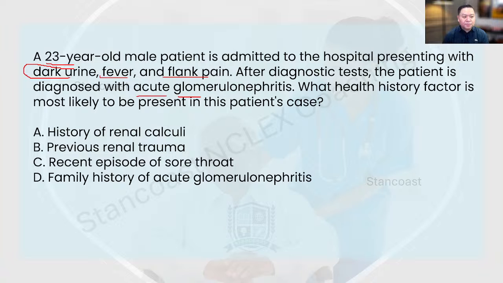So which health history is most likely to be present in the patient's case? Basically, what the question is asking is, what medical history is associated with this condition? So is it A?